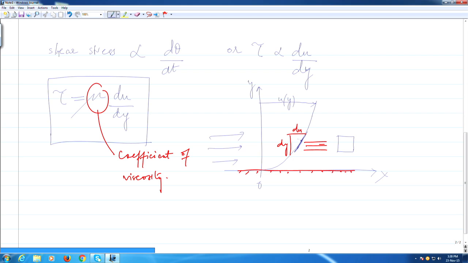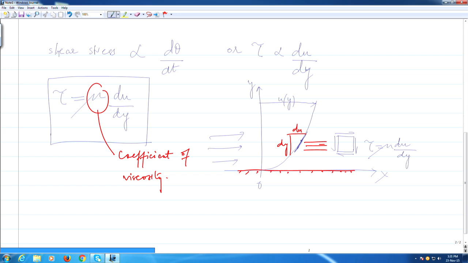At some point we took the slope, which basically means that going away from the plate, if I take a little fluid element, it would have a shear stress, which is equal to, right?